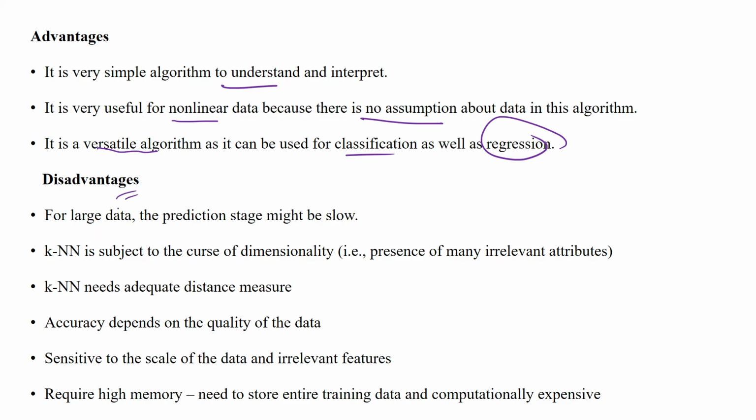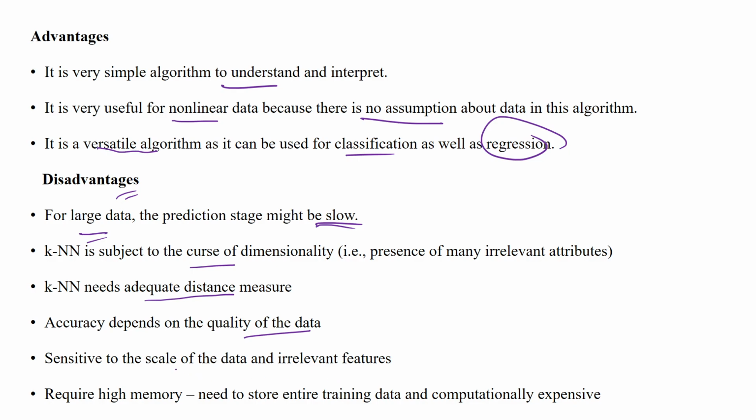Disadvantages: for large data it takes more computational time, and for large dimensionality it is again more expensive, and it needs adequate distance metrics. Accuracy depends upon the quality of the data, and outliers decrease the accuracy.